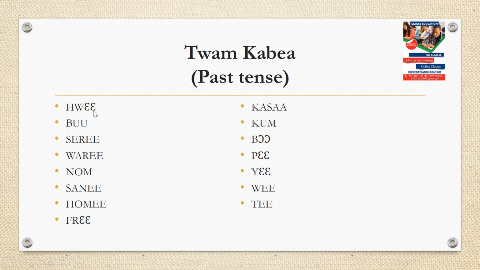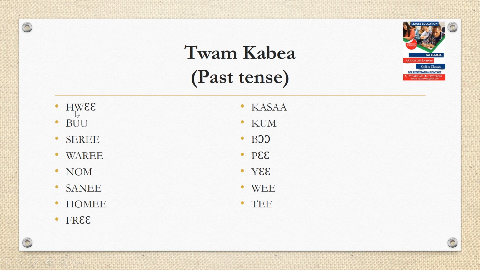So if you see a verb that ends with a vowel, what you do is you just add another vowel. So in actual sense, you will add the same vowel that ends the word. You repeat it again. So there will be double vowels.